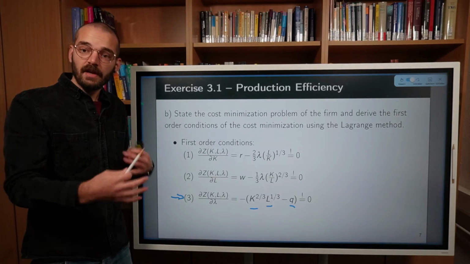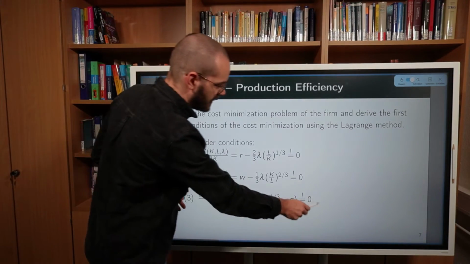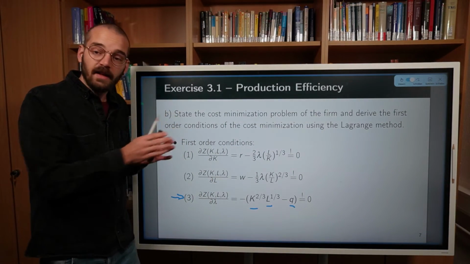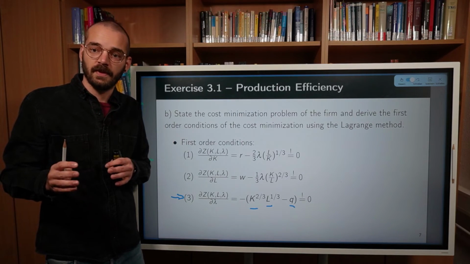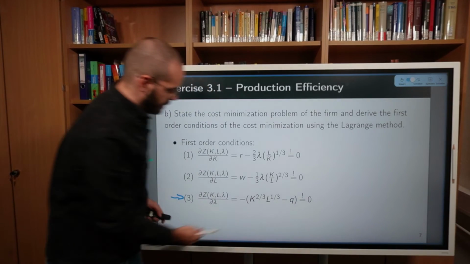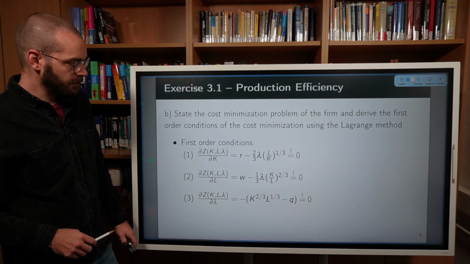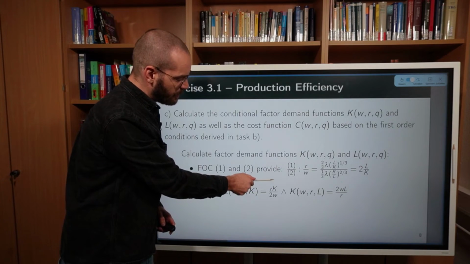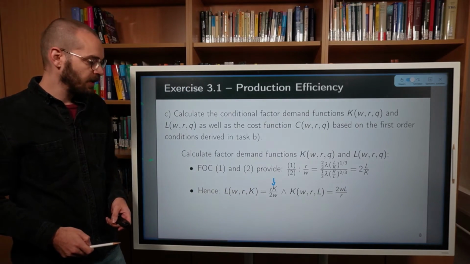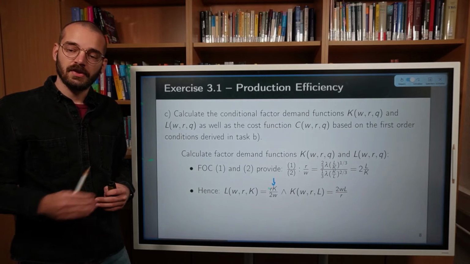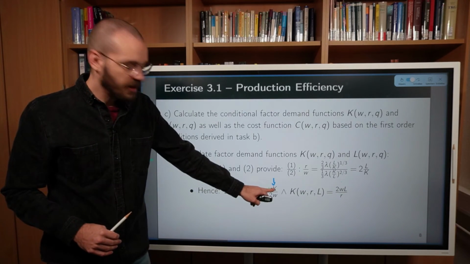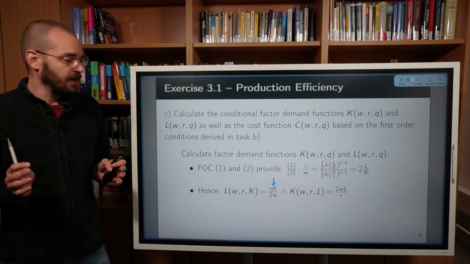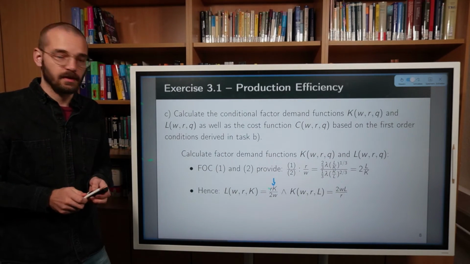We can rearrange this so that we have an expression that is K equals something that includes L and Q, as well as L equals something that includes K and Q. We can use this third first order condition in order to substitute away whatever input factor we don't want to have in our expression, because using this third first order condition, we can express K as something that only includes L and Q.